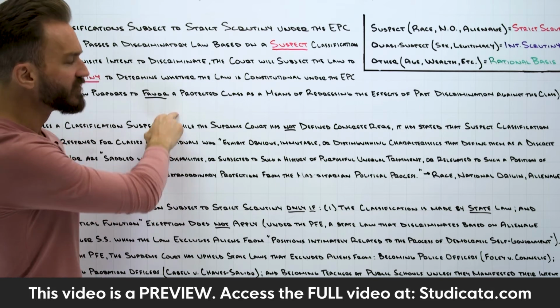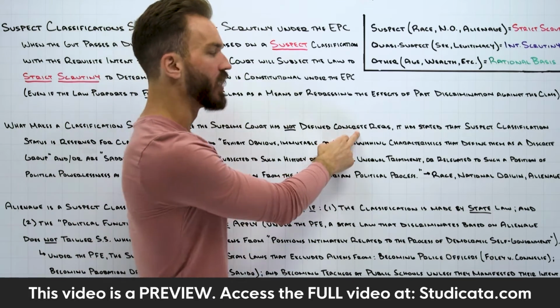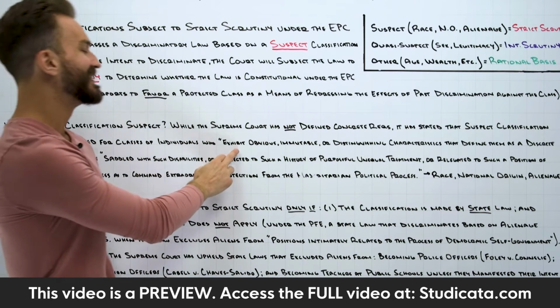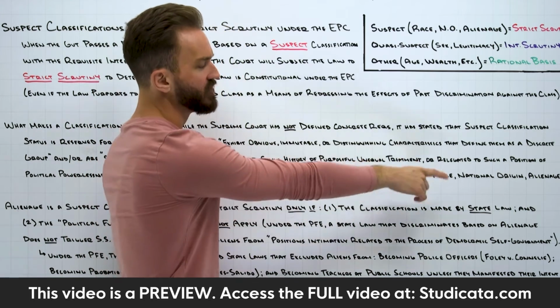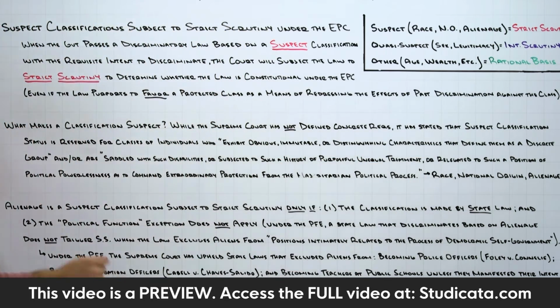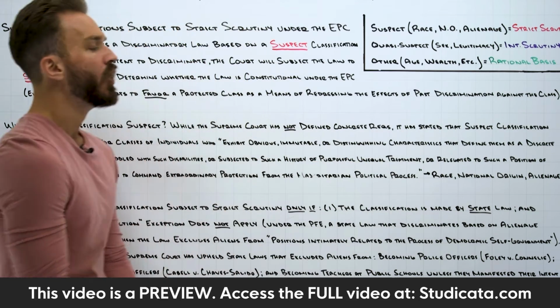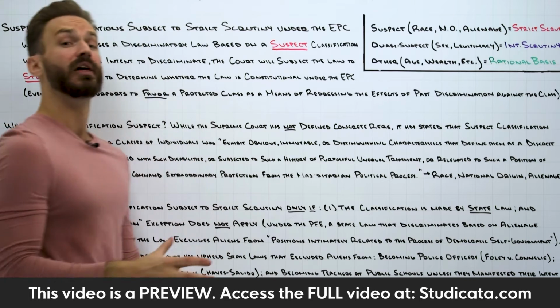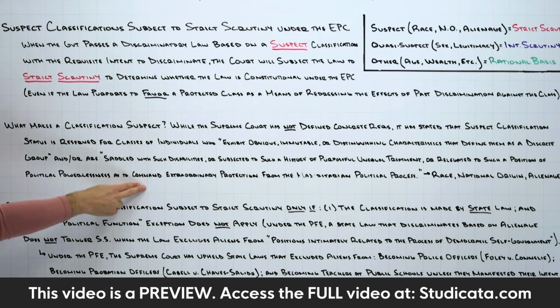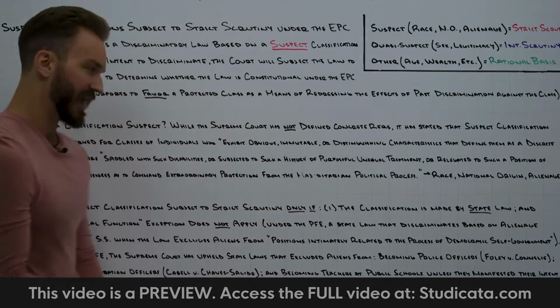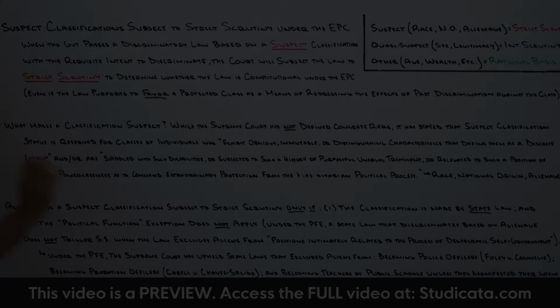And the answer is, while the Supreme Court has not defined concrete requirements, it has stated that suspect classification status is reserved for classes of individuals who exhibit obvious, immutable, or distinguishing characteristics that define them as a discrete group and/or are saddled with such disabilities or subjected to such a history of purposeful unequal treatment or relegated to such a position of political powerlessness as to command extraordinary protection from the majoritarian political process. Okay, so I know that's a lot to unpack.